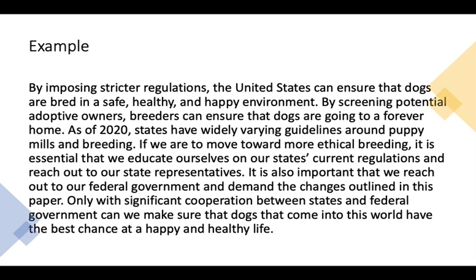If we are to move toward more ethical breeding, it is essential that we educate ourselves on our state's current regulations and reach out to our state's representatives. It is also important that we reach out to our federal government and demand the changes outlined in this paper. Only with significant cooperation between states and federal government can we make sure that dogs that come into this world have the best chance at a happy and healthy life.